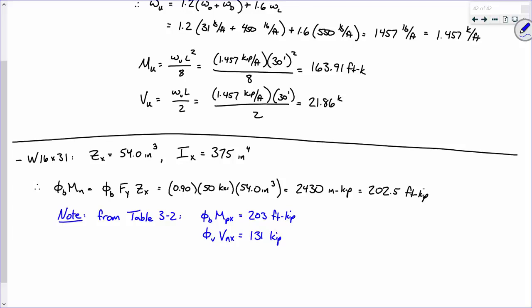Like, what's the shear load? 21. So it just blows shear out of the water, okay? And that is not that uncommon of a finding in beams. In fact, more often than not, that's what you're going to find. You're going to find a crazy shear capacity compared to the load. Because with steel beams in buildings, you're really not designing them for shear. You're designing them either for moment or deflection, okay? Speaking of, let's look at deflection, okay?